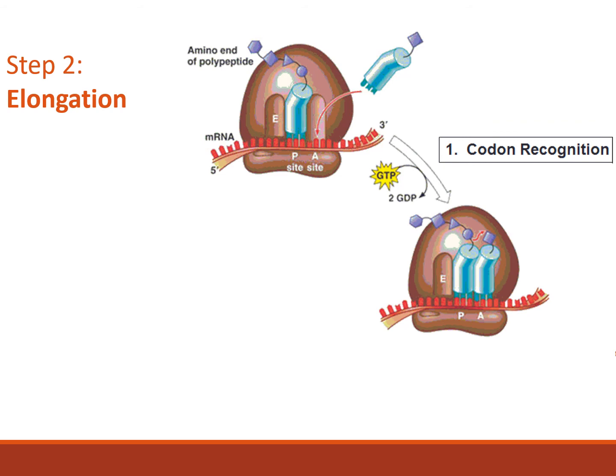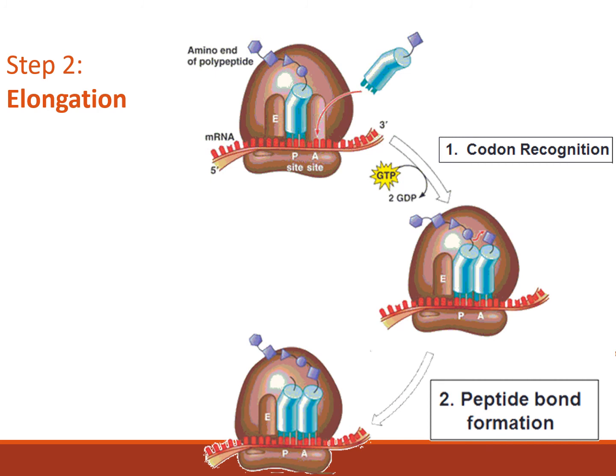Then we can see this chain of amino acids, all of those purple shapes that are connected to each other by peptide bonds, is going to be transferred from the middle tRNA, the tRNA that's in the P site, over to the diamond-shaped amino acid that's attached to the tRNA in the A site. So in this slide, we see that successful transfer of the polypeptide chain over to the tRNA that is in the A site.